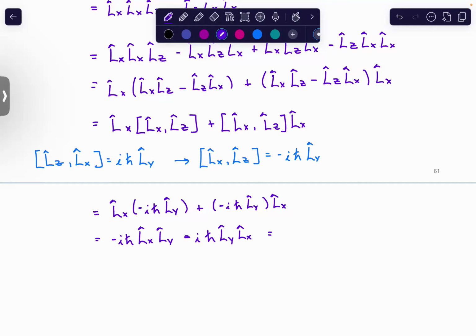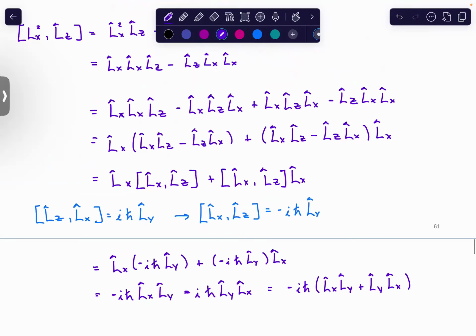And then this doesn't actually give us a commutator, because watch, if I pull out the negative i h bar, I get Lx Ly plus Ly Lx. Kind of looks like a commutator, but it's not. Now that whole thing is our Lx squared Lz commutator. So this ends up equaling this.